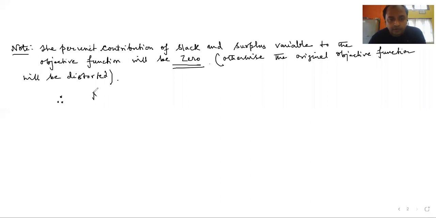Therefore, the objective function will be written as max z equals 2x plus 3y plus 0 into S1 plus 0 into S2. Why is it so?